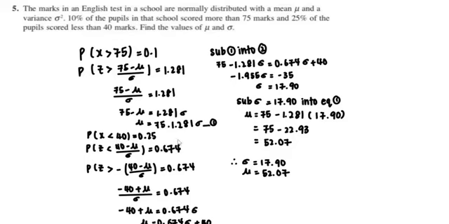The second piece of information from the question is the probability that a pupil scores less than 40 marks is 0.25. We also refer to the standard normal distribution table and get 0.674.